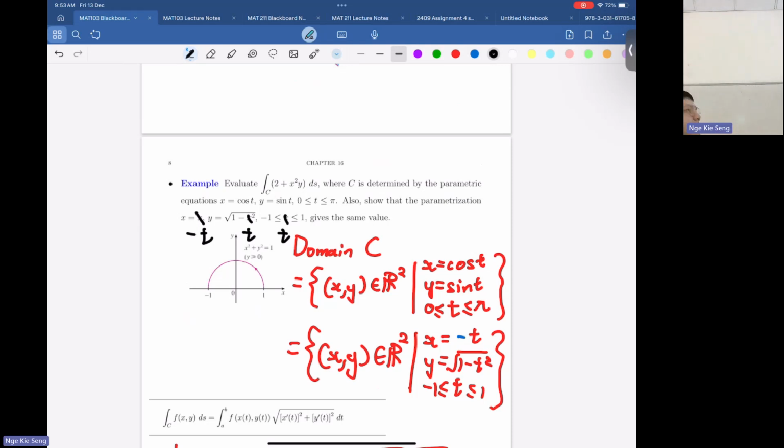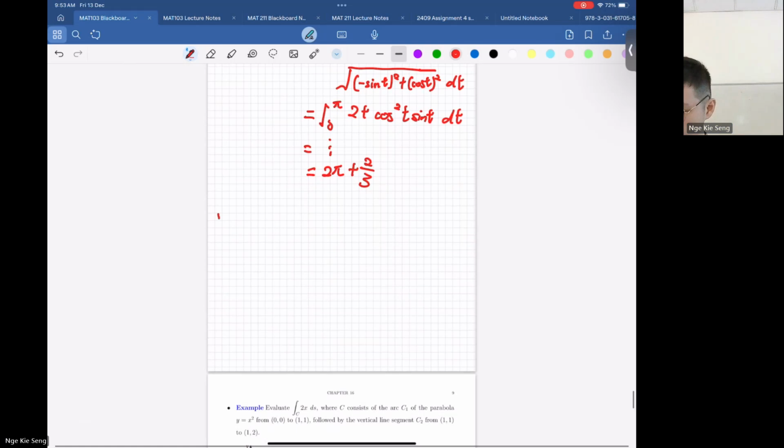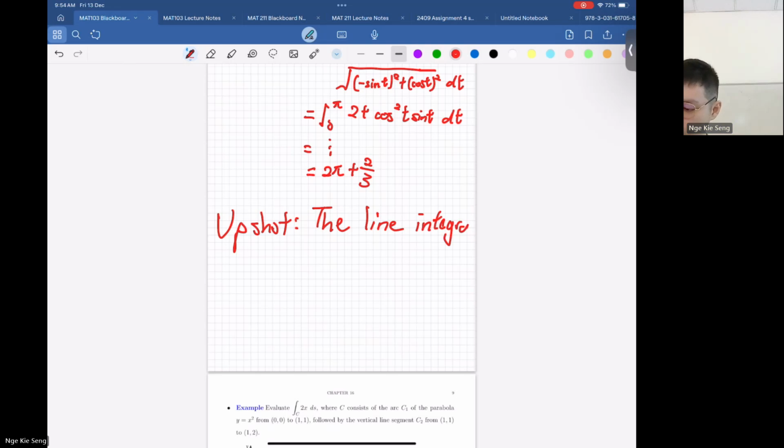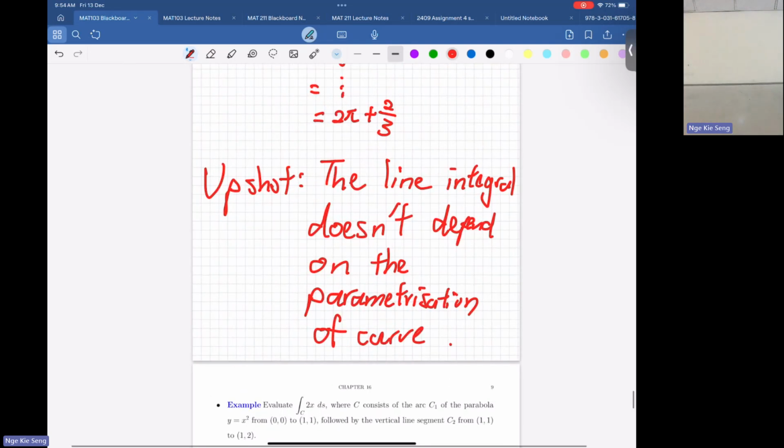So from this example, you can see that actually line integral, okay, let me put the upshot here. The upshot here is the line integral doesn't depend on the parameterization of the curve.